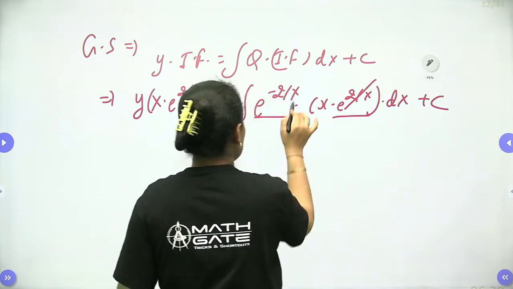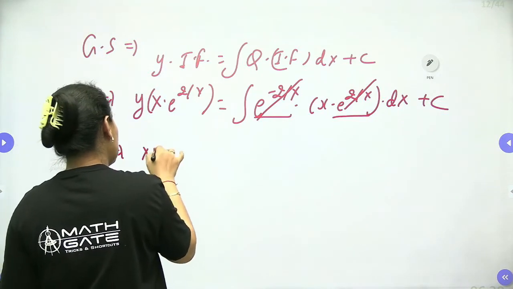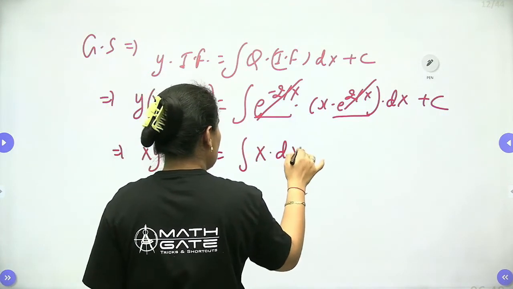E to the power 2 by x and e to the power minus 2 by x will be cancelled out. So we have xy into e to the power 2 by x equals the integral of x dx plus c.